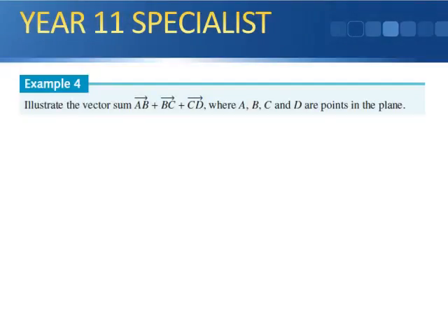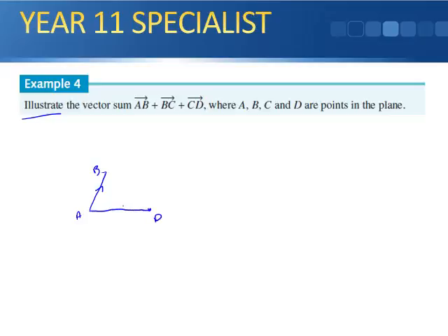Example 4. It says illustrate the vector sum AB plus BC plus CD, where A, B, C, and D are points in the plane. Well, illustrate means draw, so we've got to draw it. And remember, it's going to end up being A to D. So this A to D is going to end up happening down here somewhere.